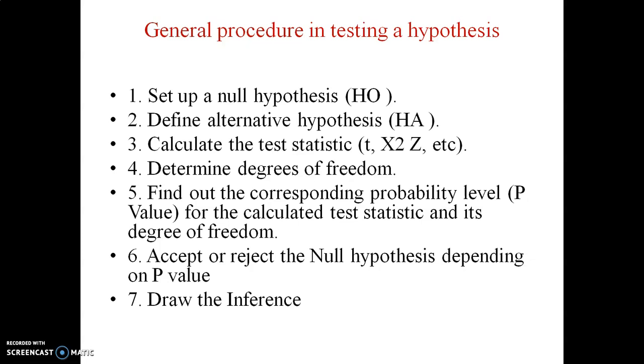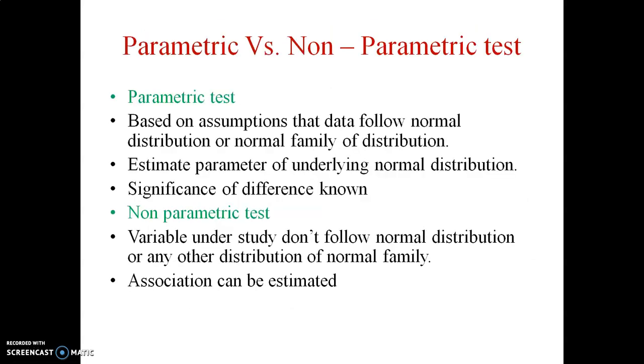Then we determine the degrees of freedom and see the probability value, the p-value. Accept or reject the null hypothesis depending upon the p-value, whether it is significant or not. If it is less than 0.05 for 5%, or less than 0.01 for 1%, depending upon that we accept or reject the null hypothesis. After this, we draw the inference.